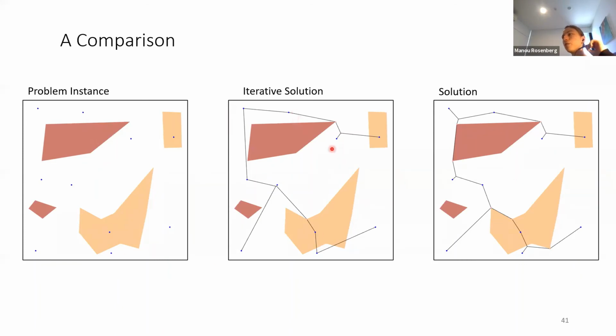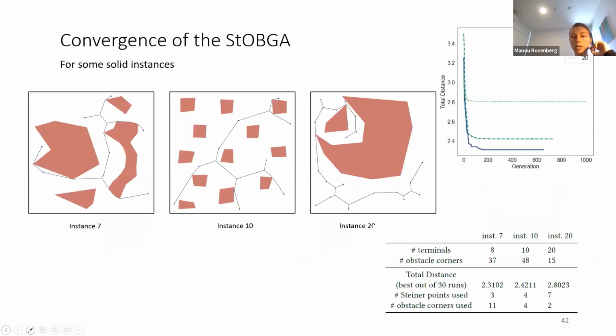The iterative approach in one of the more extreme cases could look like that, while the genetic algorithm approach would be much more optimized, because it's able to locate those Steiner points here, while this iterative approach wouldn't be able to get that. But overall, especially for random problem instances, we find that the iterative approach is a good approximation.